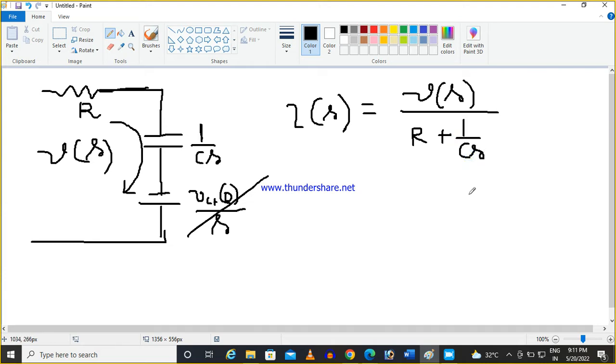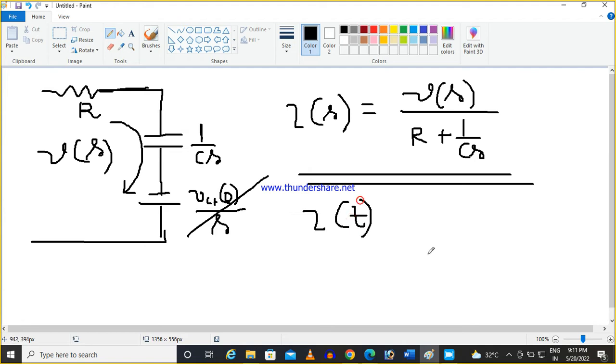Okay, this one. And if you want to simplify, now from here you can find out the instantaneous current IT.